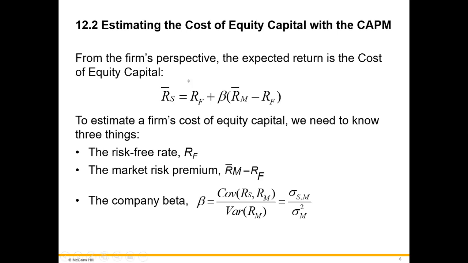That's what we're calculating. RF is our risk-free rate. And we've seen this formula already: RS equals RF plus the beta times the market premium, which is the return on the market minus the risk-free rate. That's the premium.